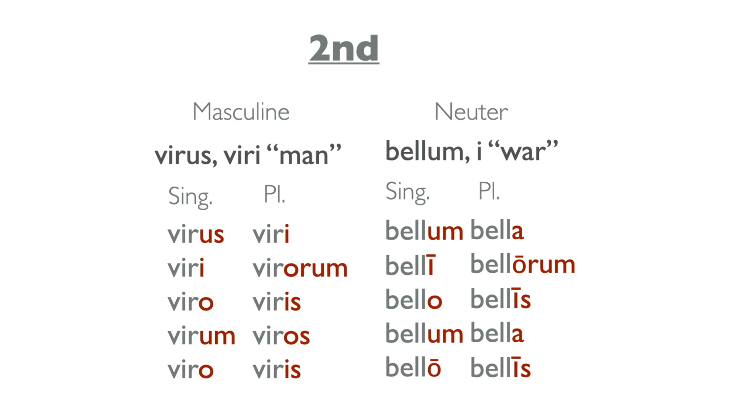Now when we come to the neuter classification of second declension nouns, notice that we change the us in the nominative to an um. And for the nominative plural, instead of an i, we have an a. So for example, bella in the nominative plural and bella in the accusative plural.